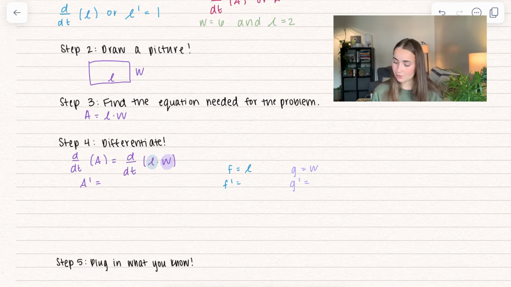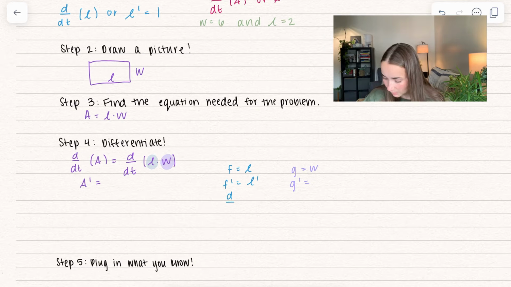Let's go ahead and take these derivatives. If you like to write it with the primes, the first derivative of L is equal to L prime. It's not going to be 1 because we're taking the derivative of L in terms of t. Those are two different variables. If you like to write it with your dt's, this would be d/dt of L. Otherwise, with your primes, totally fine.